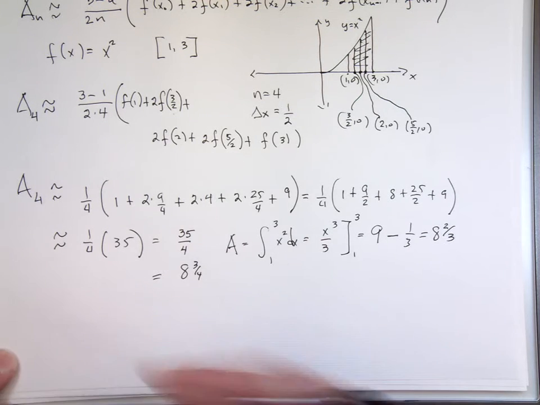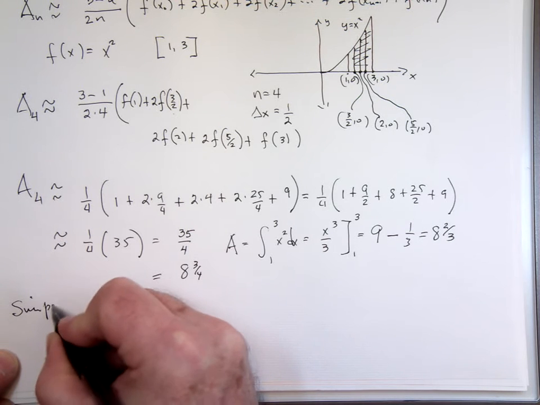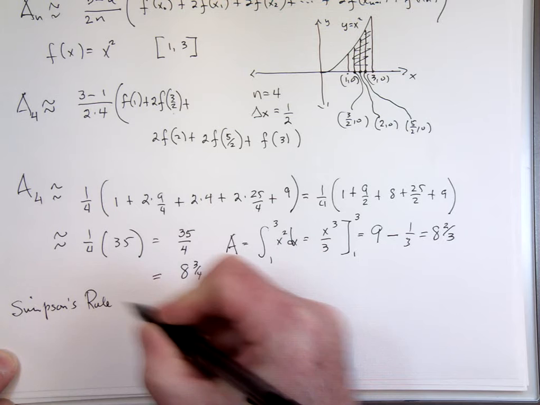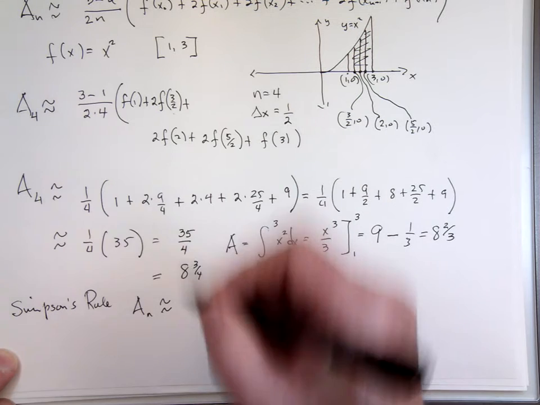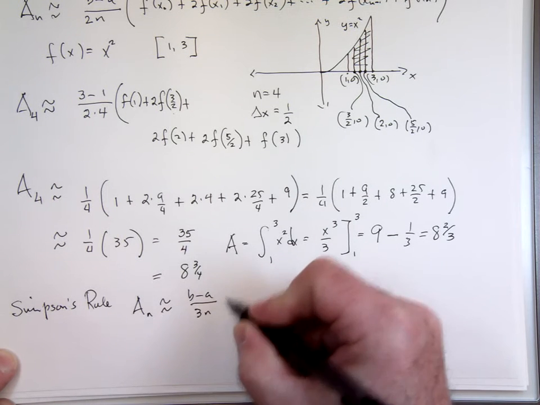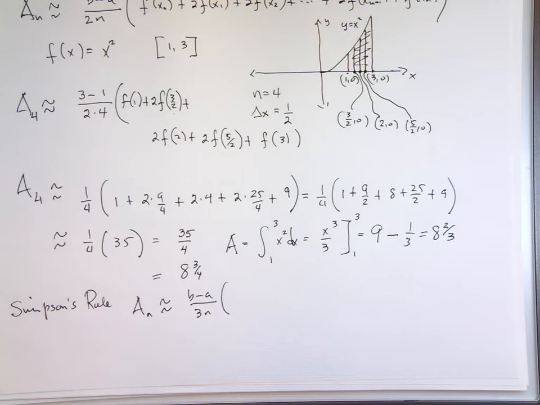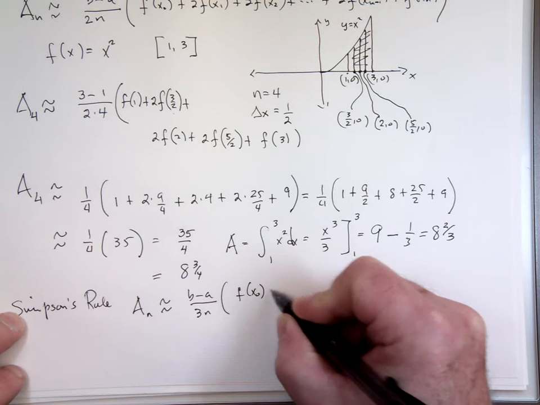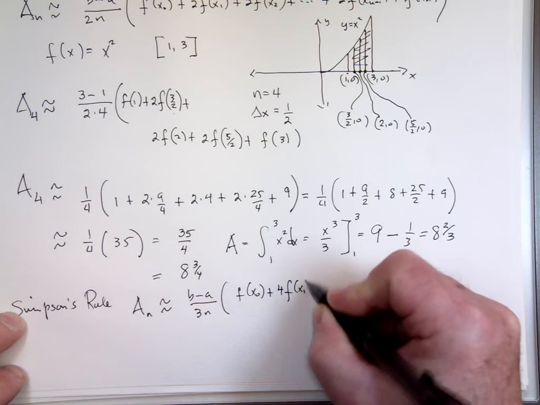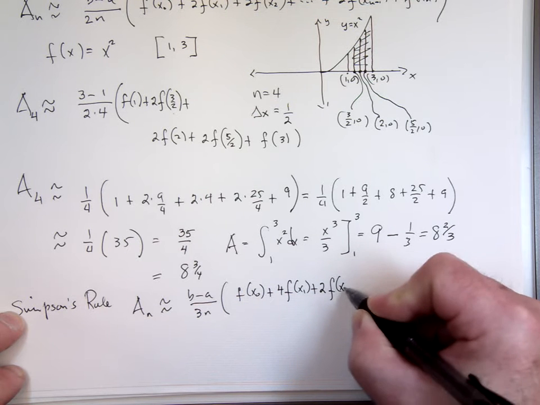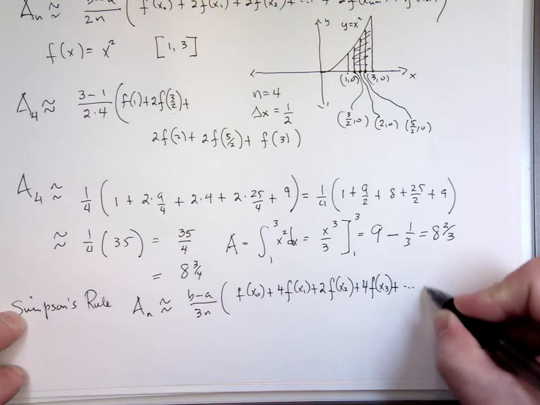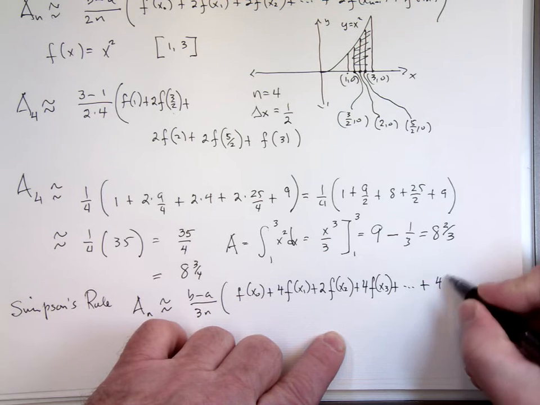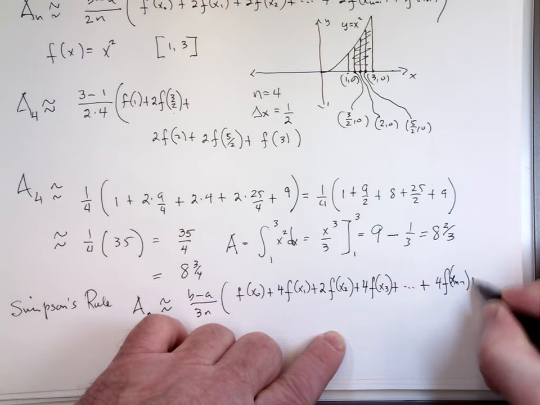Simpson's Rule goes like this. The area is approximately (b minus a) over 3n, where n is the number of subintervals, times f of x sub 0, plus 4 f of x sub 1, plus 2 f of x sub 2, plus 4 f of x sub 3, plus 2, again, and so on, plus 4 f of x sub n minus 1, plus f of x sub n.